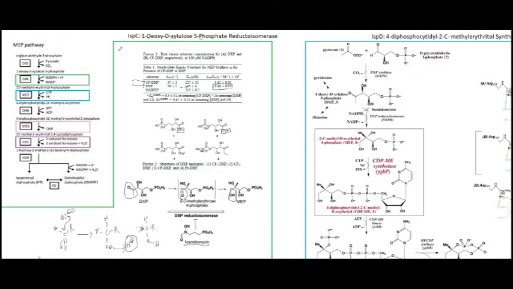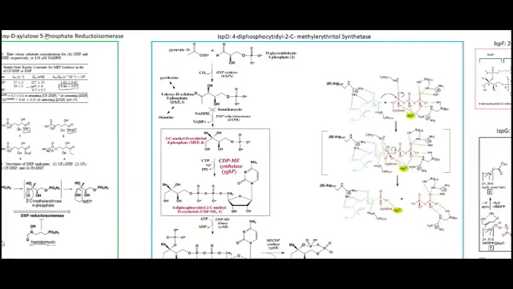And that is the IspC enzyme. The next one down here is IspD, or the 4-diphosphocytidyl-2C-methyl-erythritol synthetase.